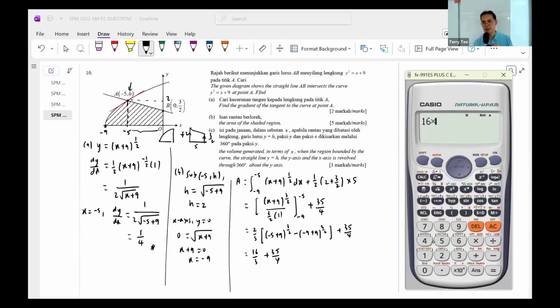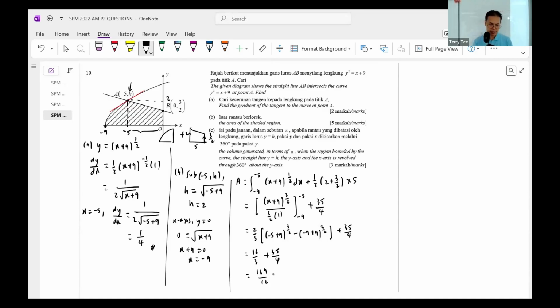It's 16 times 4 plus 35 times 3 over 12. Let's count: 169 over 12. You can leave your answer as a mixed number or improper fraction, it doesn't matter. Square units.